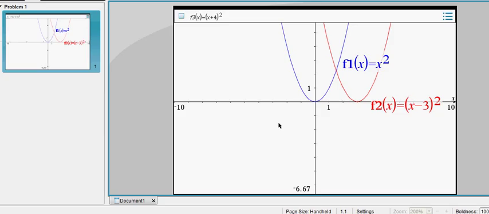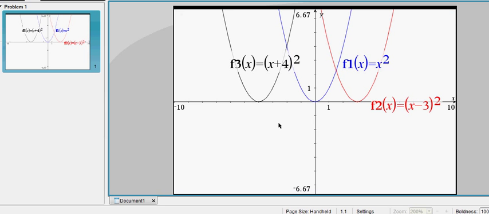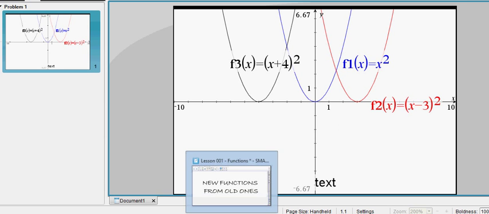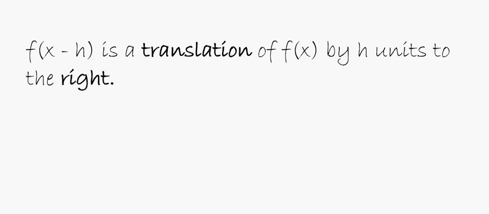And so you take a look at f of x is (x plus 4) squared, and you guess, oh, you guessed right, it moves left 4 from this original position. And all of that indicates what we already know. We already know that f of x minus h is a translation of f of x by h units to the right. And you think to yourself, wait a second, just hang on one minute.